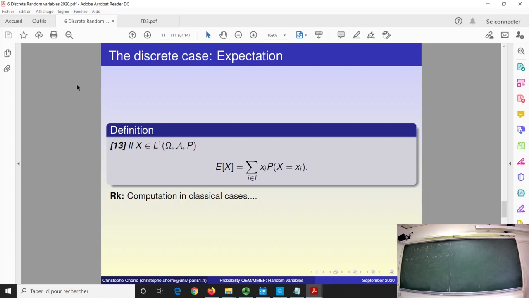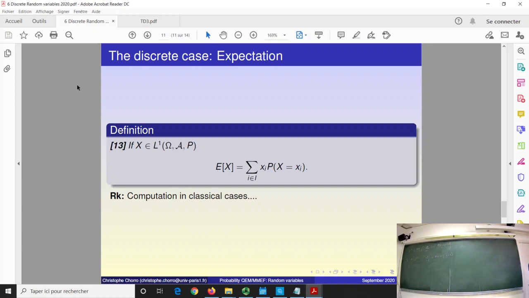You will see maybe next session, or at the beginning of next week, that from an intuitive point of view, the expectation is very interesting because it's the number that answers the following question. You have a random variable, something that can take a large, even infinite, number of values.